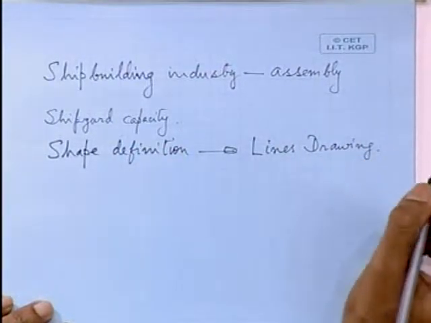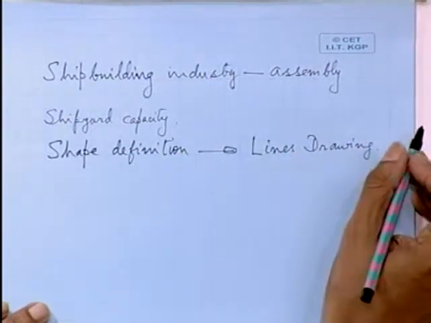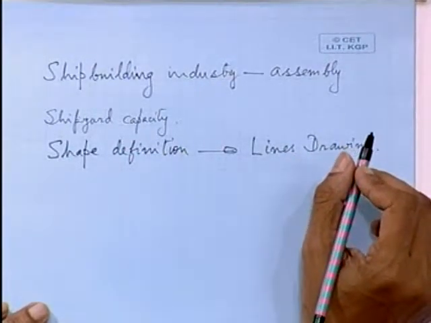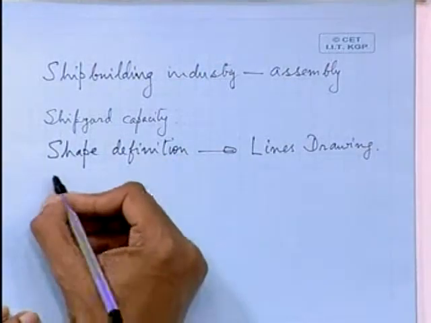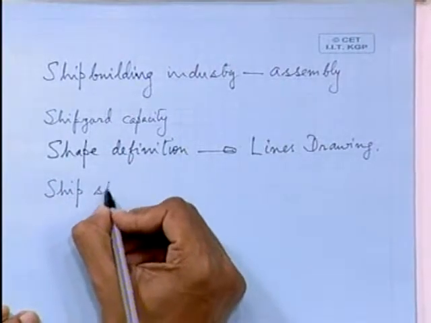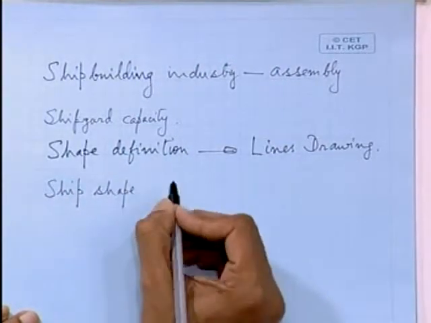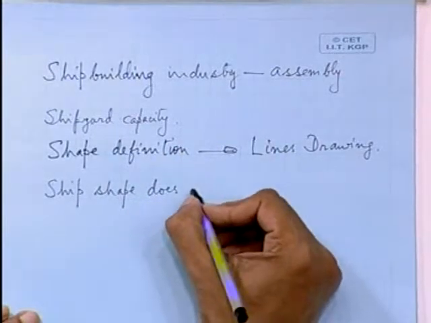Now you will find that the ship does not have a well-defined shape by any mathematical form or equation. Ship shape does not conform to a single mathematical definition.